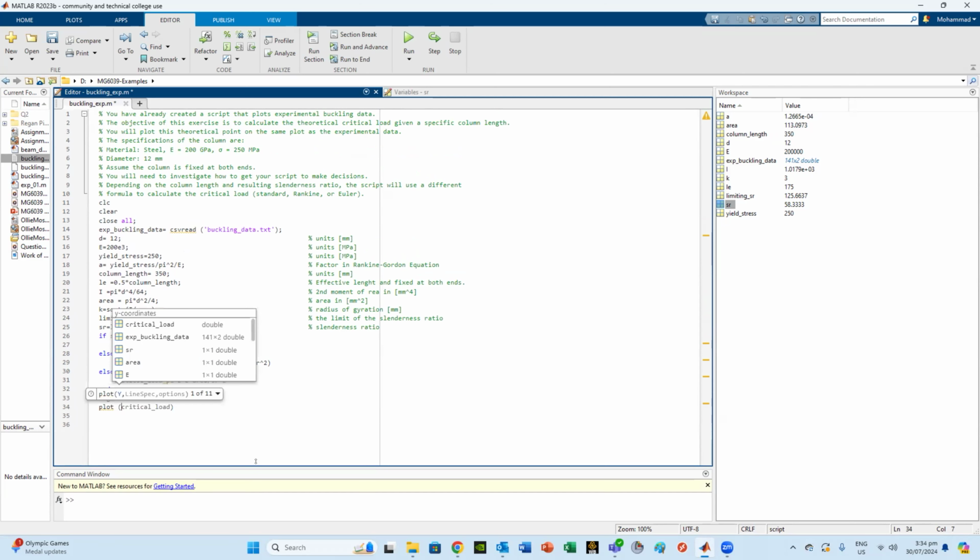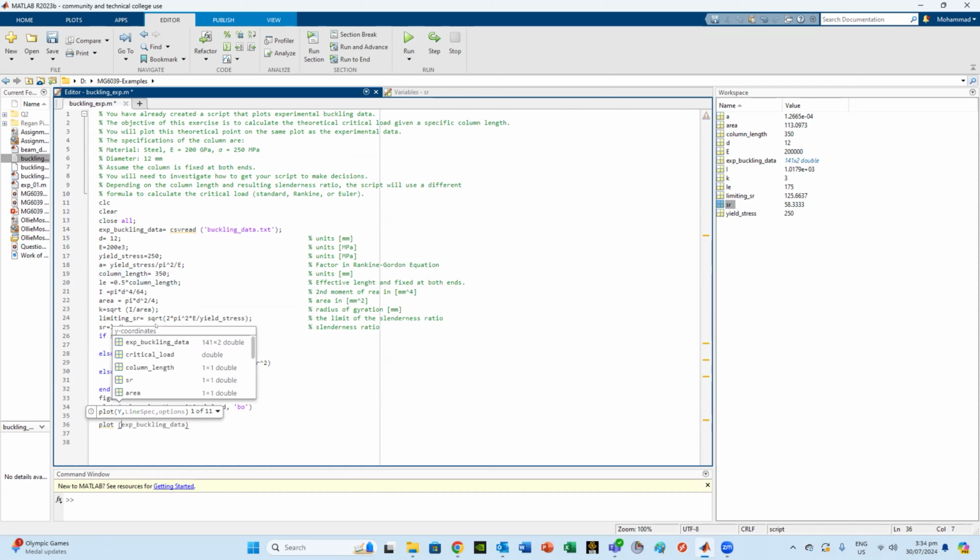We have the column length, first one, and that will represent the x-axis, and critical load is the y-axis. And we could choose a color, for example, blue. And then hold on to add to the graph, plot.